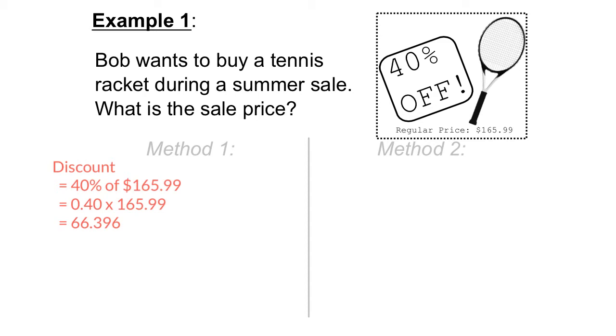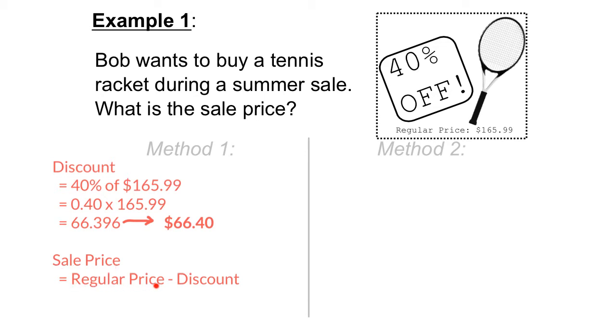But we have to remember, we're dealing with money here, so we need to round to the 2 digits after the decimal. So this third digit is 5 or more. It bumps this up. So this is closer to 40 cents than it is to 39 cents. So my discount ends up being $66.40.